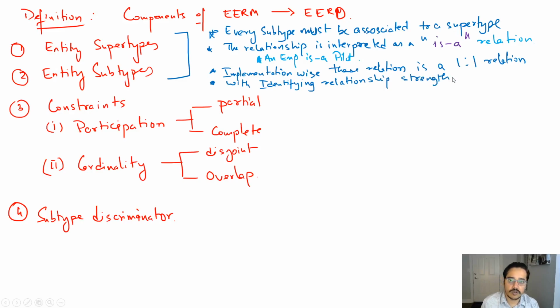It's always strong. And as a result of that, you can interpret from this that the primary key of the subtype is always going to be the primary key of the supertype. Okay, all right, good. So we understand now the dynamics between these two components. Now let's look at the constraints.